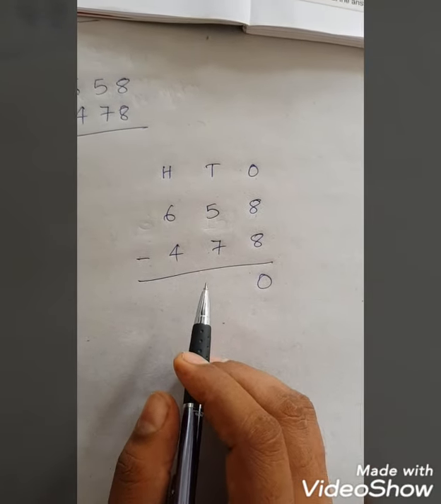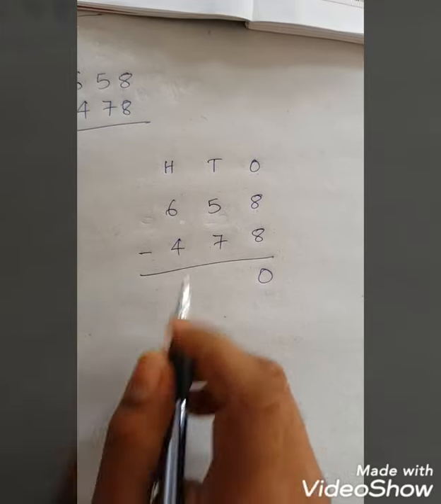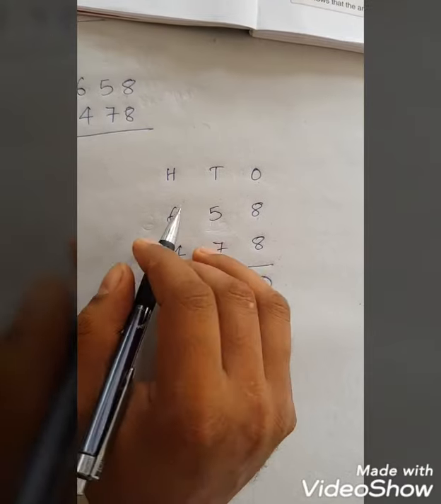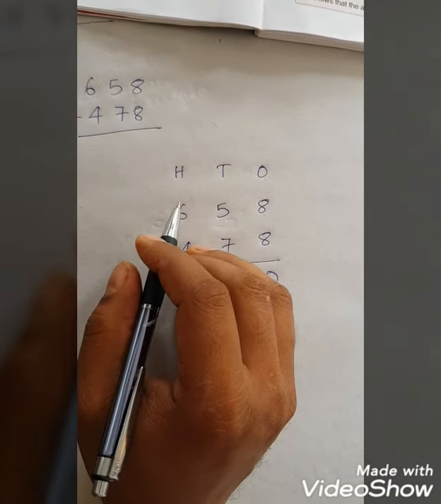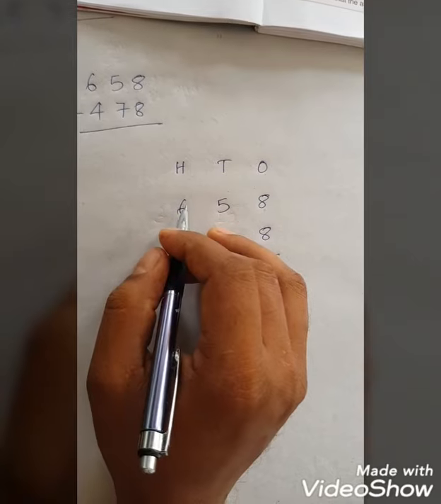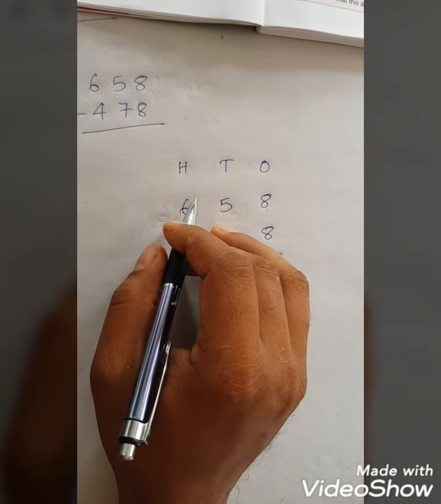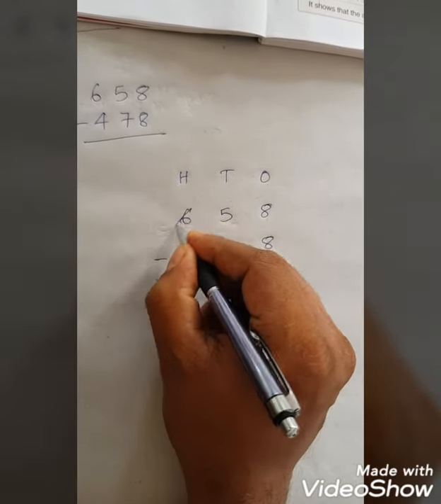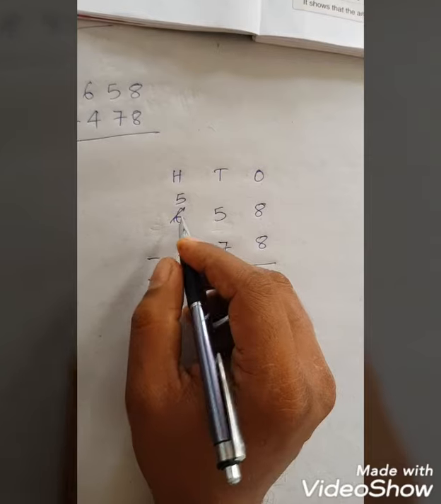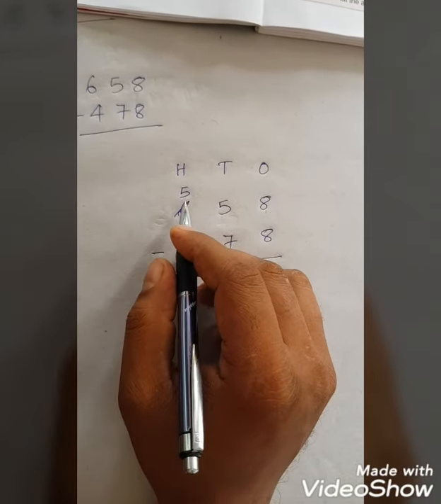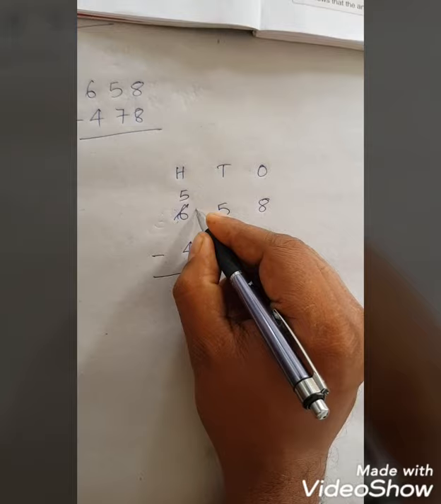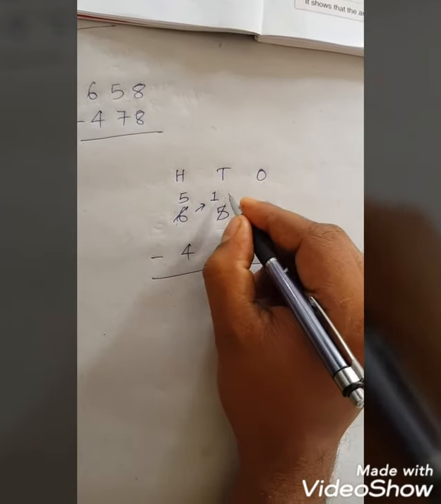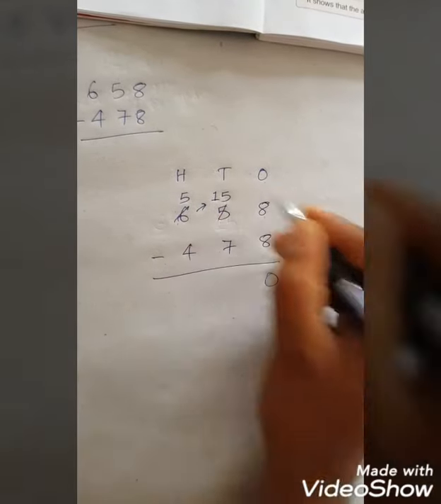Remember, when we take out 1 from this number, we will cancel it and write 5 here, because we have already taken 1 from here. That 1 will come here, so this number will become 15.